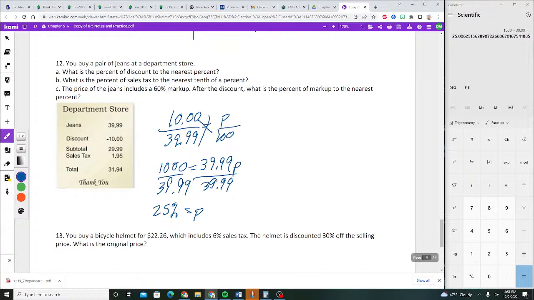What's the percent of sales tax to the nearest tenth of a percent? So we're going to take the 195, which gets applied to the subtotal of $29.99.